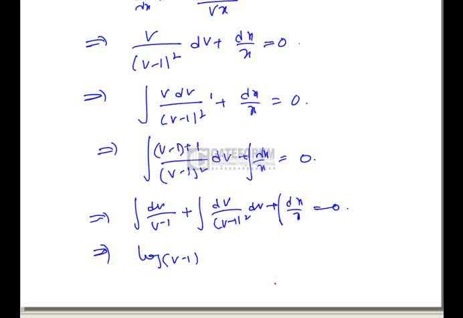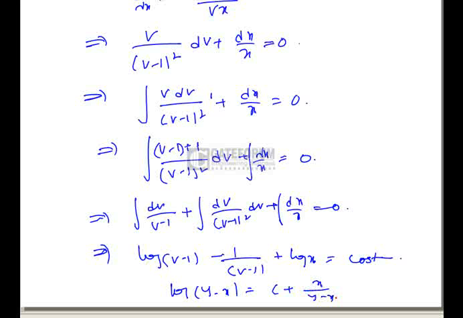And similarly, the integration of dv/(v - 1)^2 is nothing but -1/(v - 1), plus the integration of 1/x, which is log x, equals some constant. And if we simplify, it will be log of (y - x) = c + x/(y - x). So, which is option B.